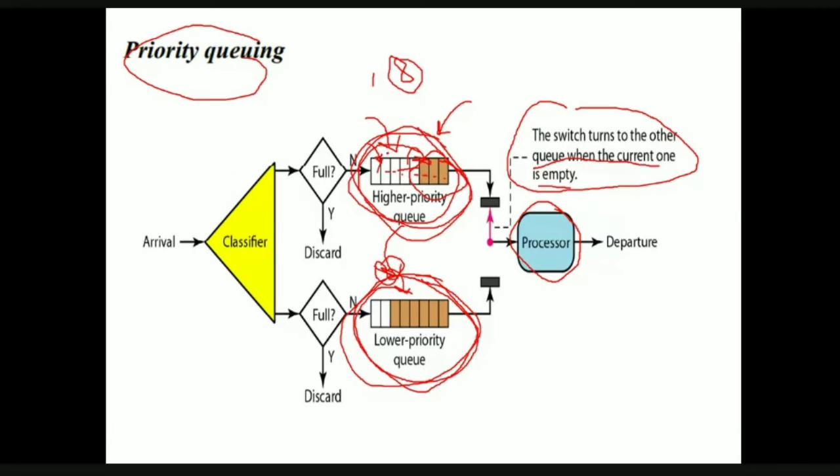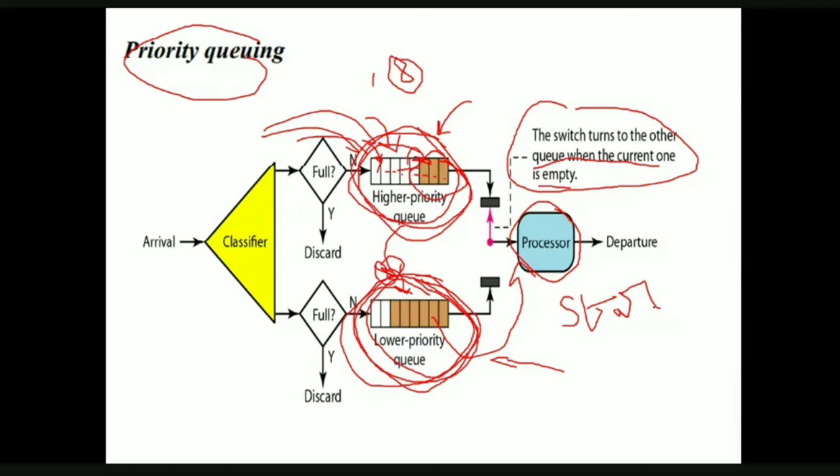when only higher priority packets keep coming all the time, the lower priority queue will never be served. That is, the packets in the lower priority queue will not be processed by the processor. This kind of situation is called starvation.